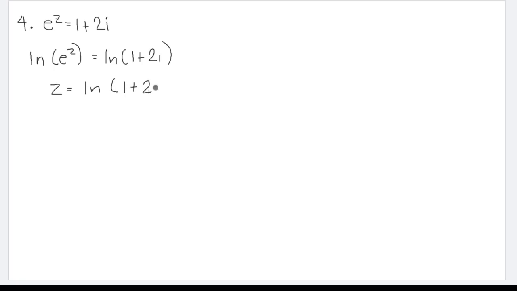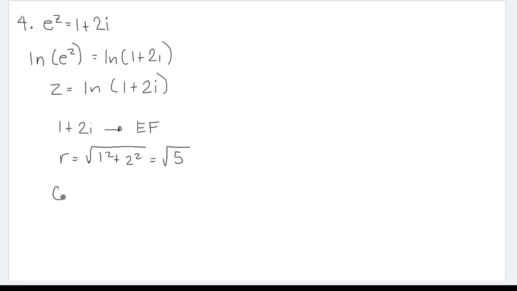So first we need to convert this 1 plus 2i into exponential form. By converting it to exponential form, we need to get the value of r, which is the square root of 1 squared plus 2 squared, and that's equivalent to square root of 5.